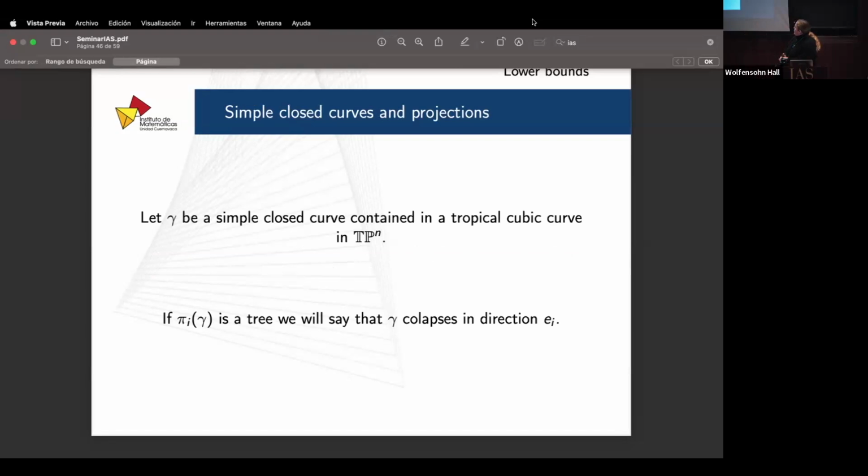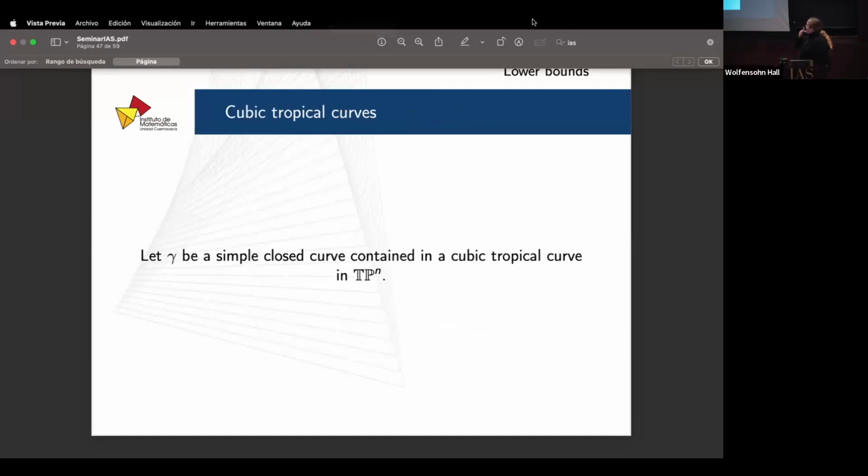And what was easy, well, easier, to work with in the tropical cubics is that imagine you have a simple closed curve contained in a tropical variety. Then if you project in this linear direction and it's a tree, we're going to say that it collapses in this direction.